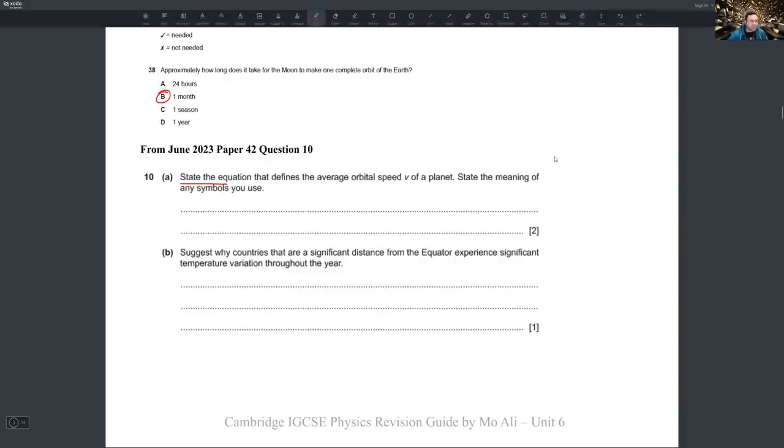Now, if a question asks you to state an equation and state the meaning of symbols, I would rather not use symbols. I would rather just write the formula in words, because I'm going to have to explain those symbols anyway.